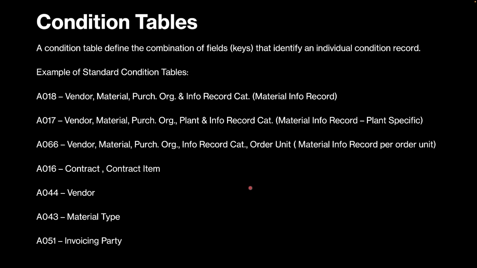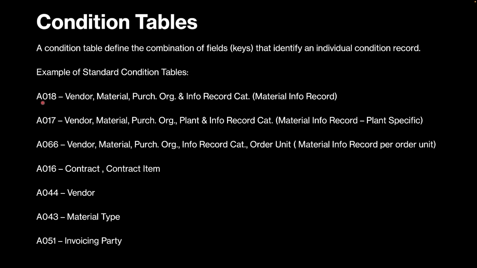So you can see the condition table defines the combination of fields that identify an individual condition record. As we discussed earlier, you will be combining multiple fields from your purchasing document and creating a condition table. Against this condition table only, the condition record will be maintained. And you can see these are some of the standard condition tables available in the system.